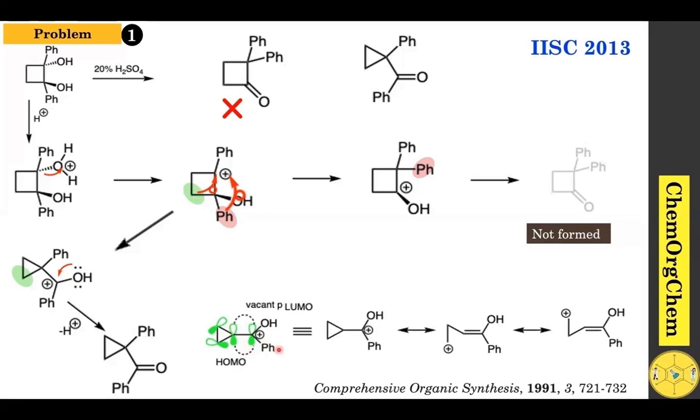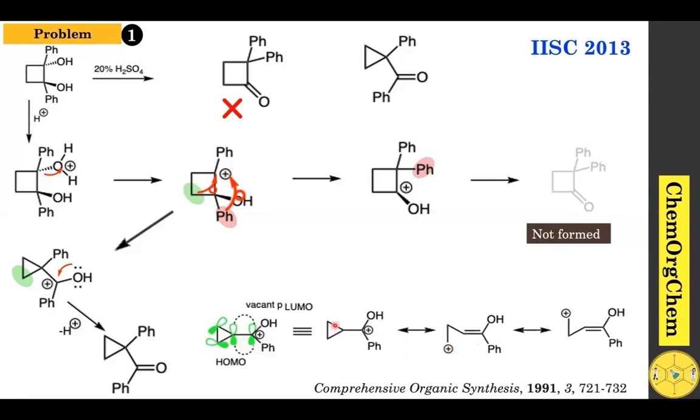We can easily visualize this fact by resonance forms. Here you see the cyclopropyl and this attached carbon has a carbocation. Now this carbon-carbon bonded electron may move towards this electron deficient center, that means the carbocation center, which leads to breaking of this carbon-carbon bond, and this will get a positive charge.